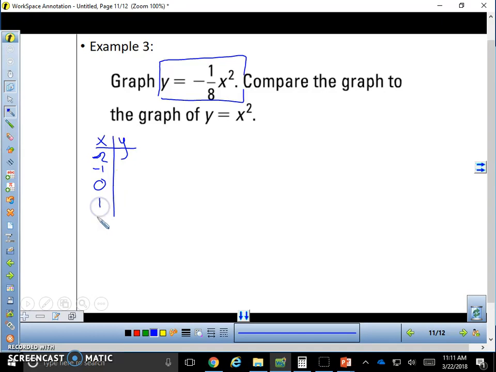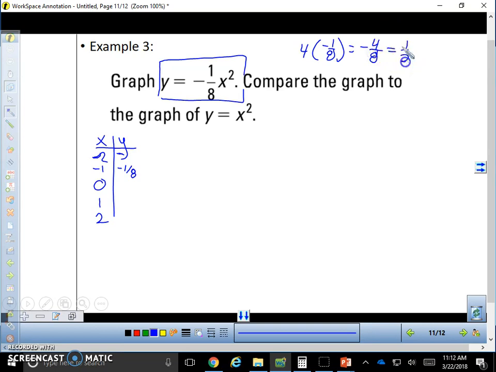We're going to go to +1 and +2. -1 squared is +1 times -1/8 is -1/8. -2 squared is +4, and +4 times -1/8 is -4/8, which reduces down to -1/2, and then 0.